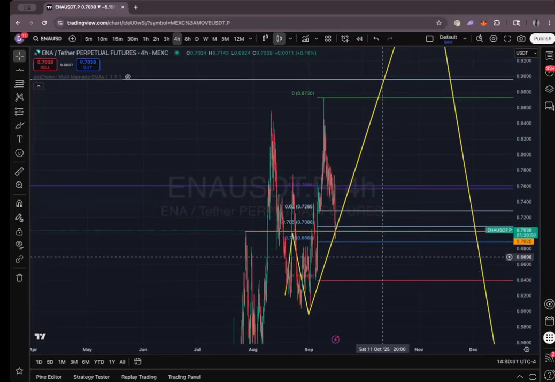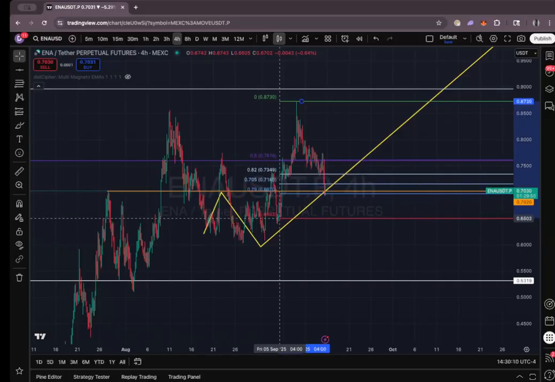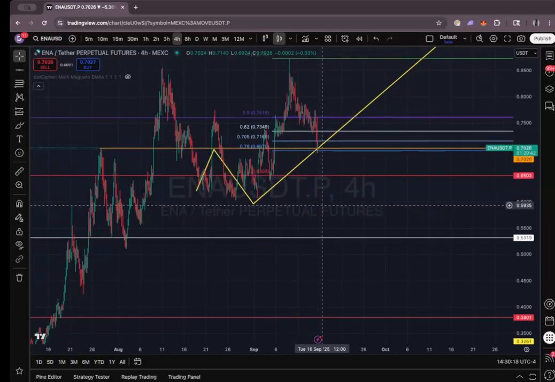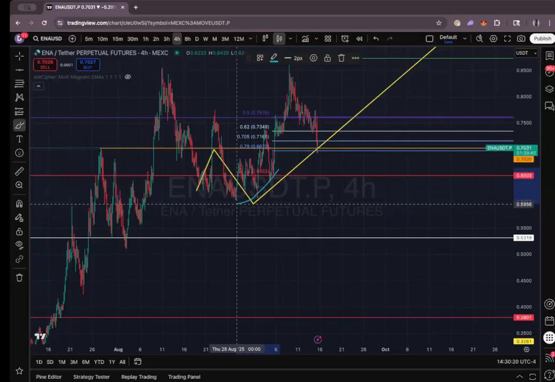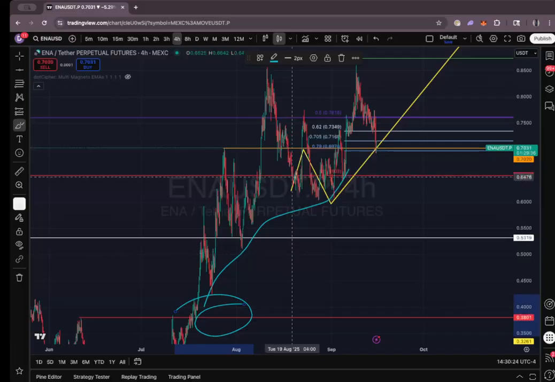If you happen to be in a long, I would say you probably want to put your stop loss somewhere around 65, because if we start to break down somewhere below there, then all of this smooth liquidity that's down here is going to be broken, and it's going to basically be going back down to 3.8.